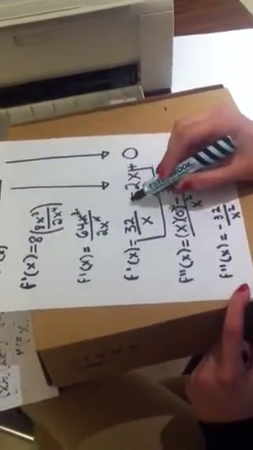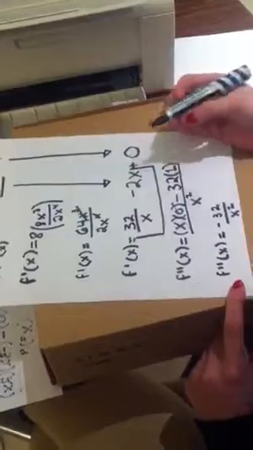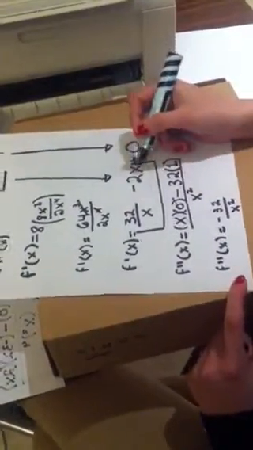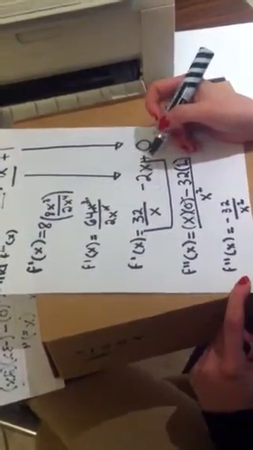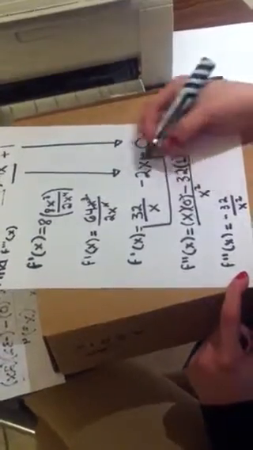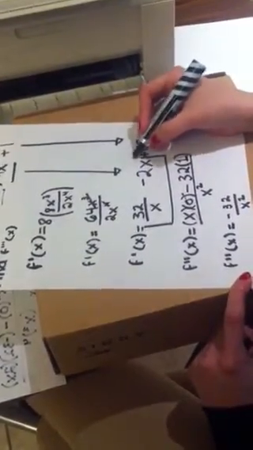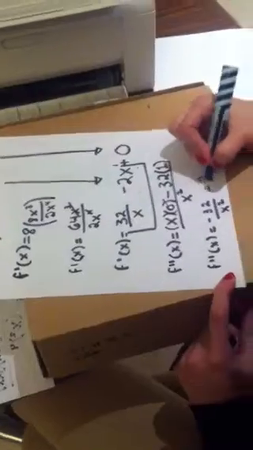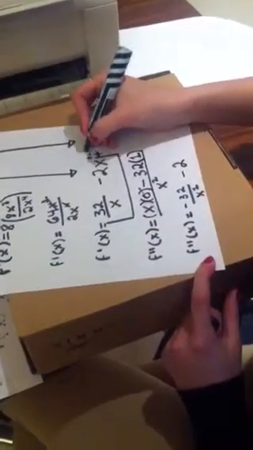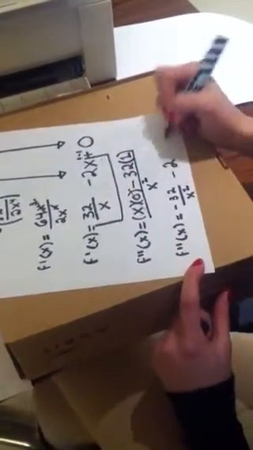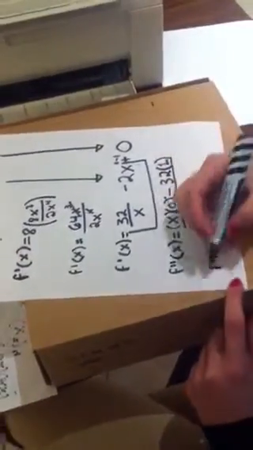Then the derivative of the second term, we have to apply the power rule. So it's negative 2 times 1, negative 2, x^(1 minus 1), 0. So we just leave it like that. There is no variable here.